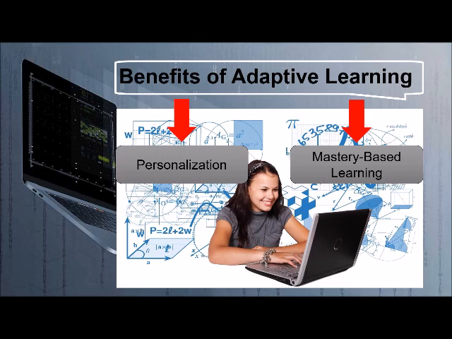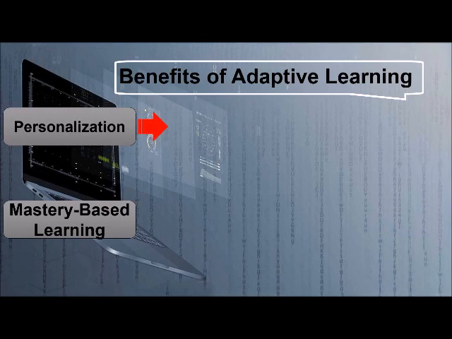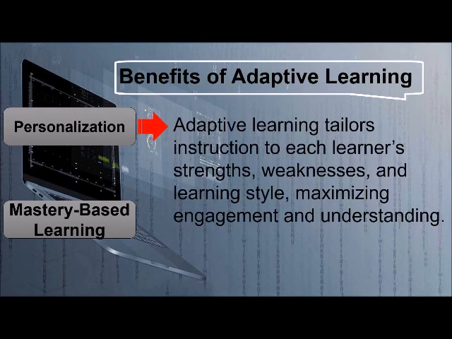When we say personalization, adaptive learning tailors instruction to each learner's strengths, weaknesses, and learning style, maximizing engagement and understanding. Therefore, it suggests that in this kind of benefit, students will be able to show their strengths and weaknesses in the way they learn a certain topic. In addition, teachers will be able to empower students to reach their full potential.